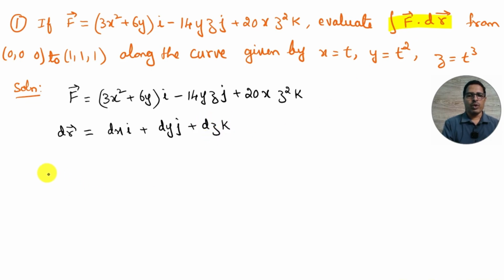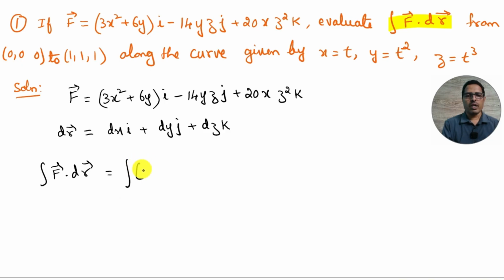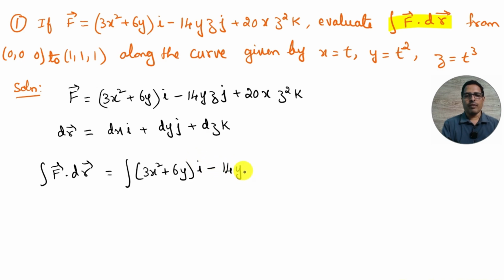Now if I try to take this integral of vector f dot dr vector, let us write down vector f. So vector f is nothing but (3x square plus 6y) into i minus 14yz into j plus 20xz square into k.